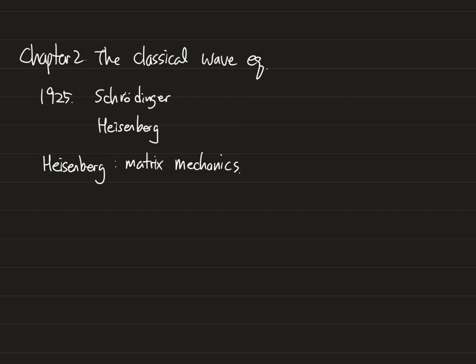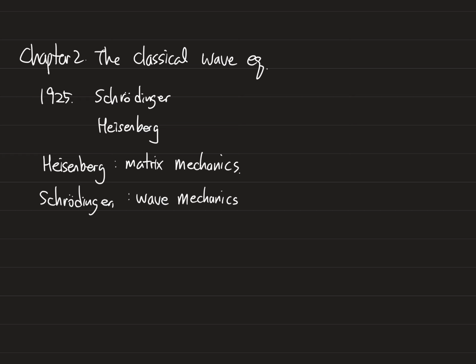At nearly the same time, Erwin Schrödinger developed what we now call wave mechanics. His approach was built on Louis de Broglie's radical hypothesis that particles also have a wave-like nature. You remember the wave-particle duality we discussed in the previous lecture.